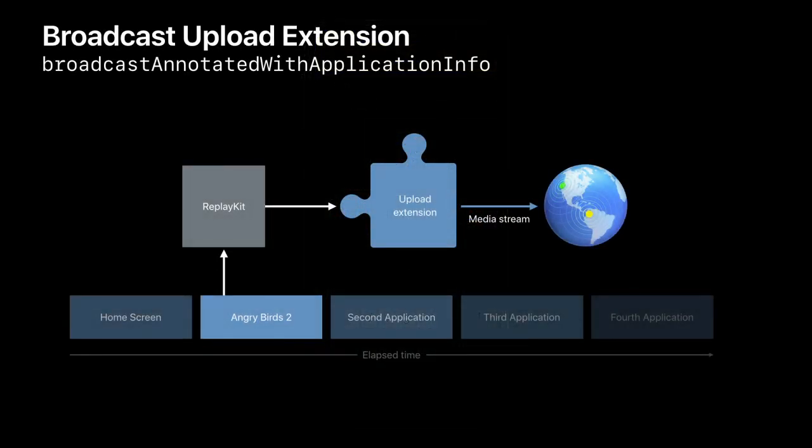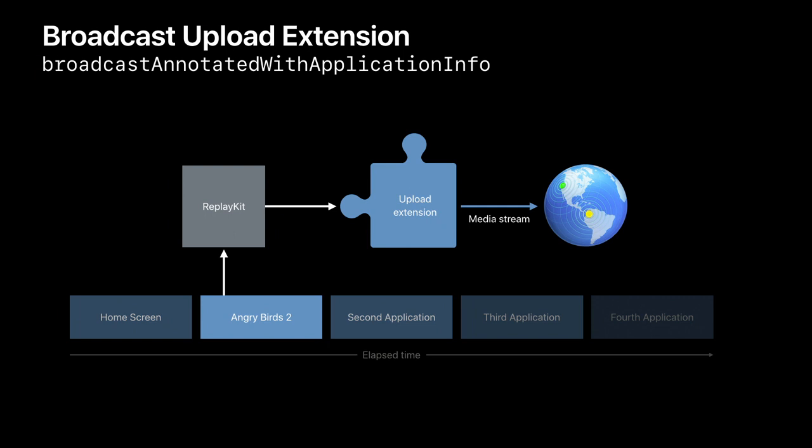To implement this, you need to add to your video stream some information about the game that is being broadcast now. For that, ReplayKit provides an API function called broadcastAnnotatedWithApplicationInfo.